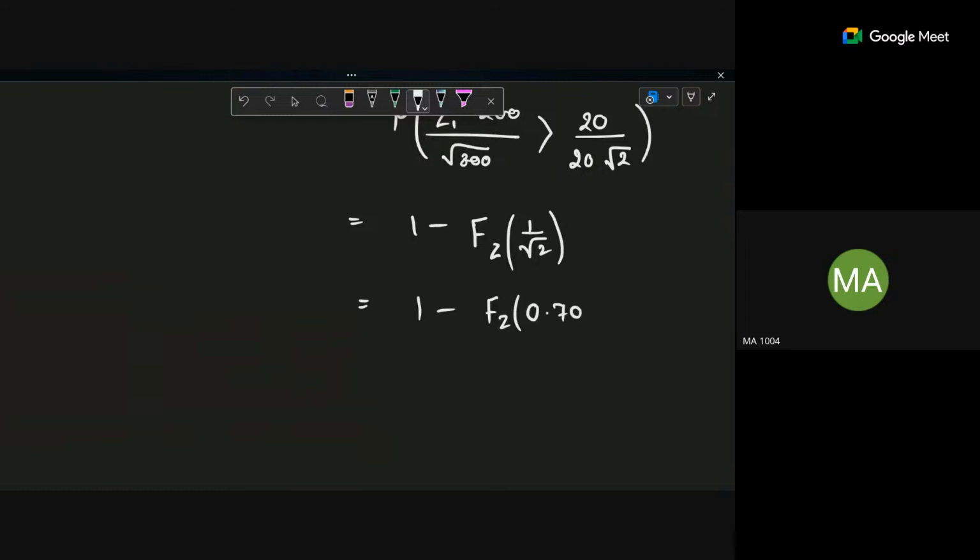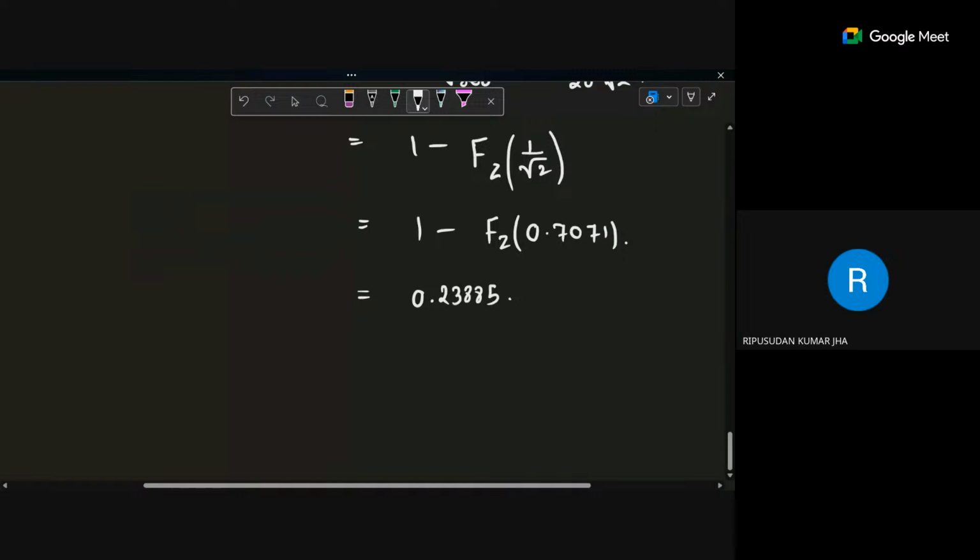You might have calculated it from the calculator. The rest is just a subtraction, and we'll get something around 0.24. But we need the answer in 5 decimals, so I'm just writing it directly.